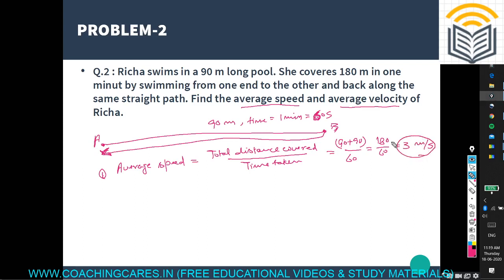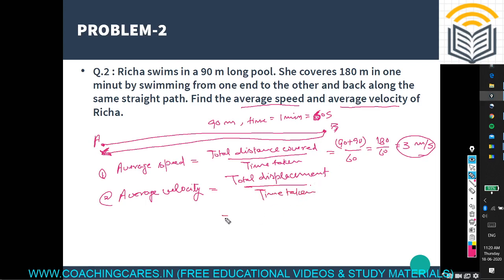The first answer. Now we'll calculate the average velocity, which is equal to total displacement divided by time taken.